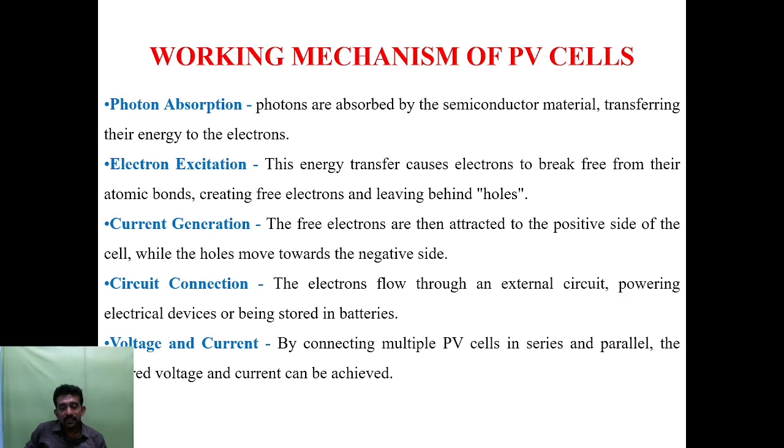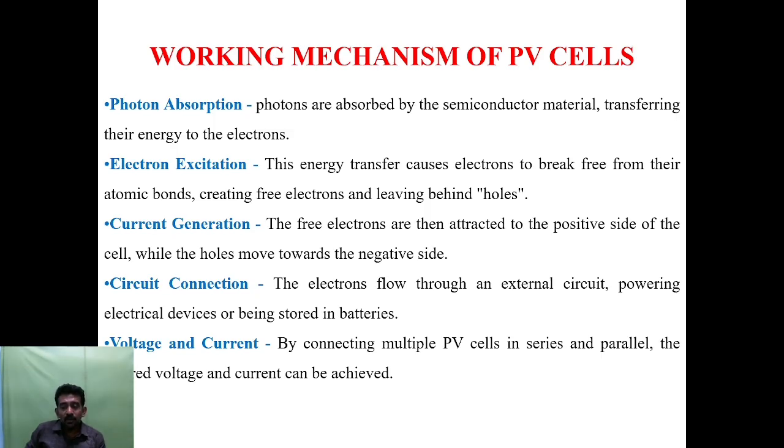So the free electrons are then attracted to the positive side of the cell, while the holes move to the negative side. The electron is being attracted to the positive side, and there is a hole which is asking for the escaped electron to retrieve its position. And in case of circuit connection, the electron flows through an electrical circuit.